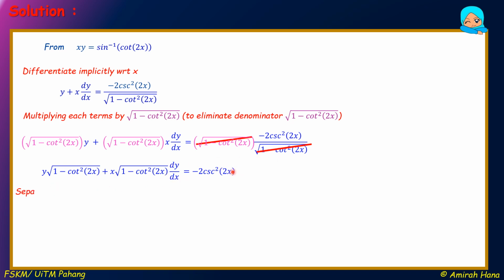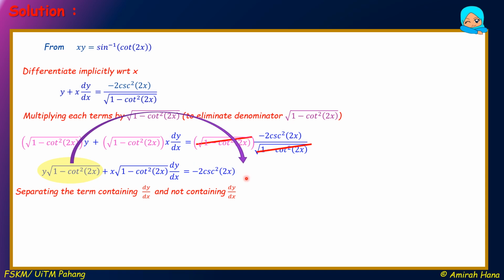After that, we separate the terms containing dy over dx and not containing dy over dx. Let's say we want the term containing dy over dx on the left hand side. So we move the term not containing dy over dx to the right hand side.